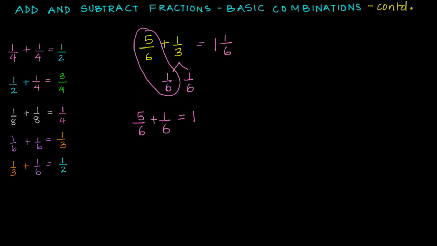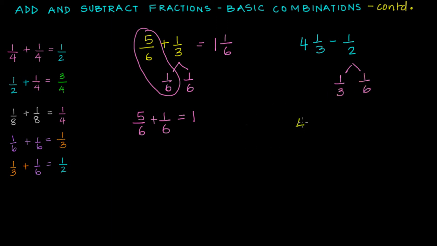Let's try one last problem. How much is 4 and 1/3 minus half? Again, let's think of a number bond that will be useful here. I want to get rid of this 1/3. And we know that half is made of 1/3 plus 1/6. So let's write that number bond here. 1/3 and 1/6.